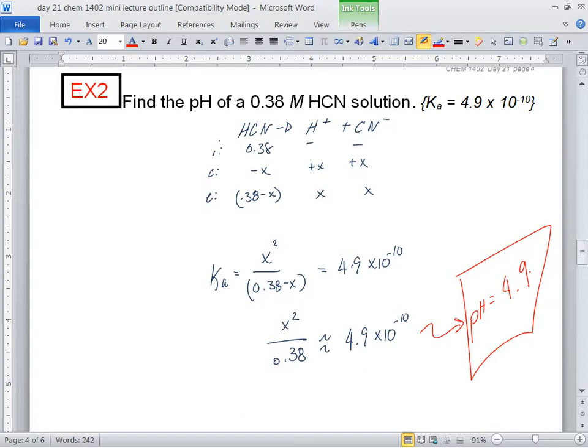The pH in and find H plus concentration. Backwards. Yes. Okay. Got 4.9? Yeah.